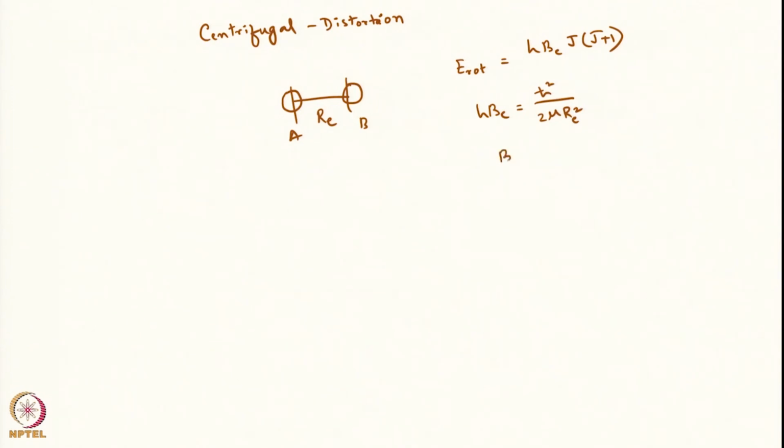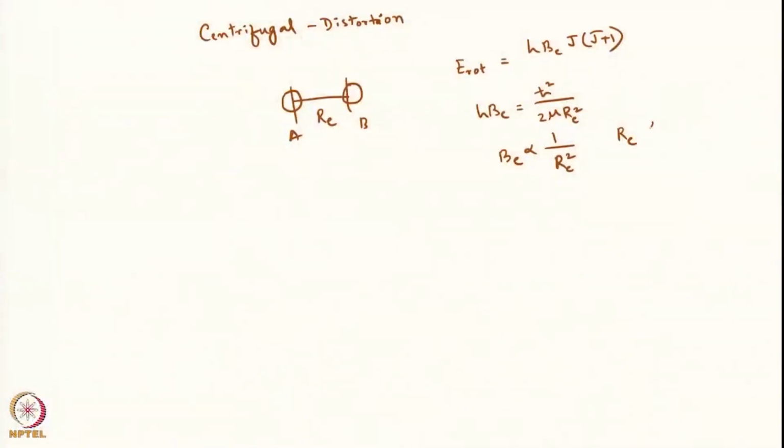So, BE is inversely proportional to RE square, or RE is inversely proportional to 1 over square root of BE. That means as the equilibrium bond length increases, the rotational constant goes down.